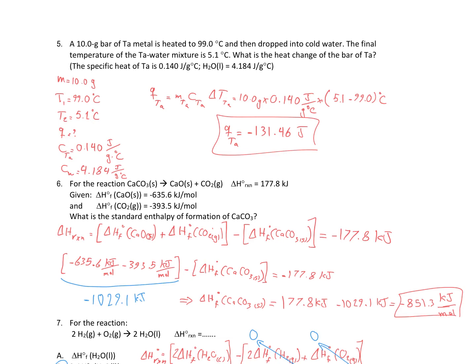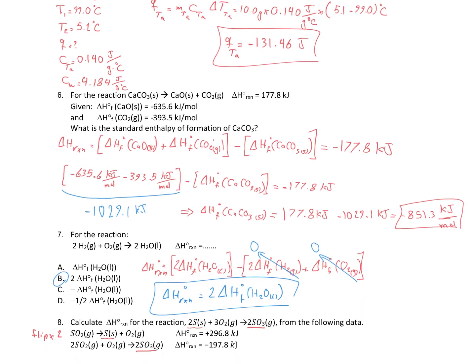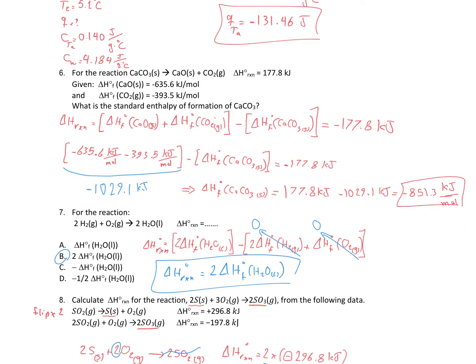Question number 6. For this reaction, you have the delta H of formation of calcium oxide and carbon dioxide, and we have this reaction. What the question is asking is the standard enthalpy of formation of calcium carbonate. Okay, so again, you set up the equation.